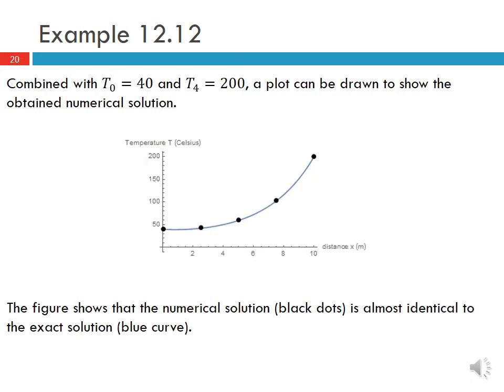And then we can combine this with our T0 and our T4 to get the full numerical solution and draw a plot of both the numerical solution shown in the black dots overlaid with the exact solution, which is shown in the blue curve. And you can see that even with the pretty big spacing for this problem, the numerical solution is almost identical to the exact solution.